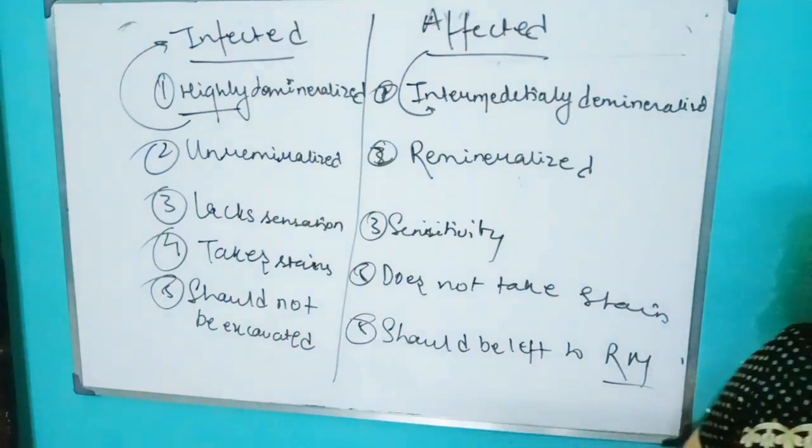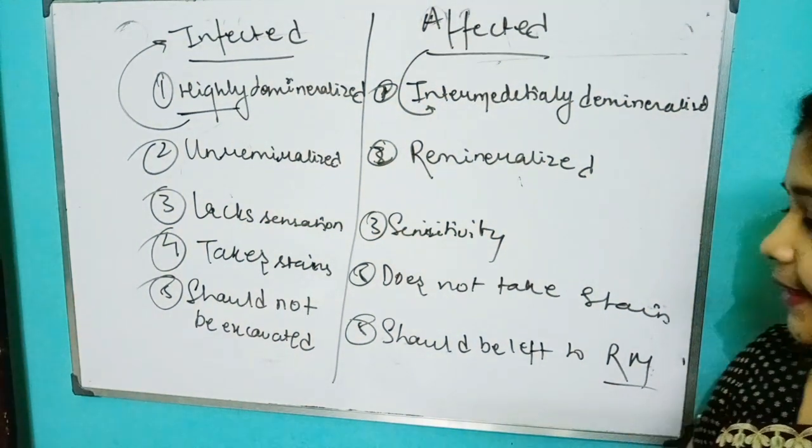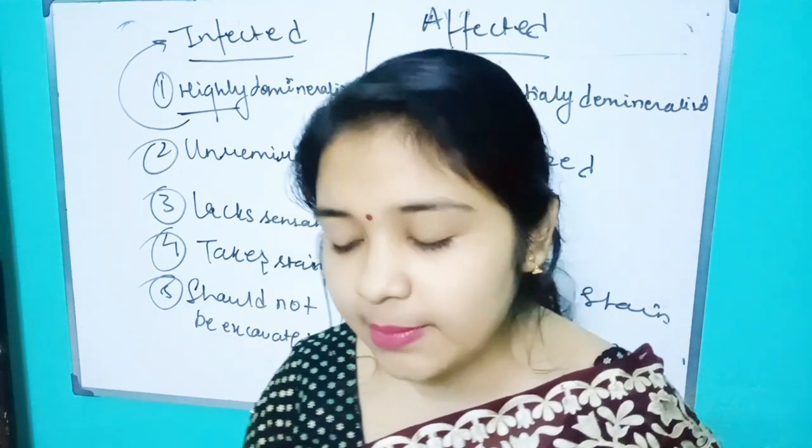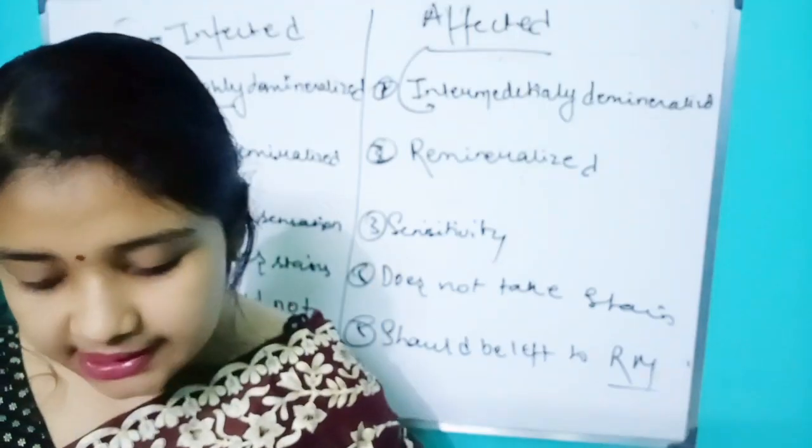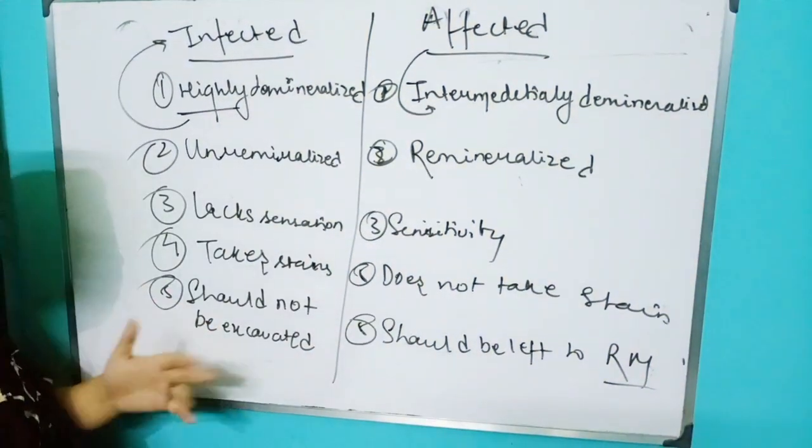Now should not be excavated. We should not excavate it, we should replace it. But here we should leave it for remineralization. This is the fifth point we have been teaching over here.